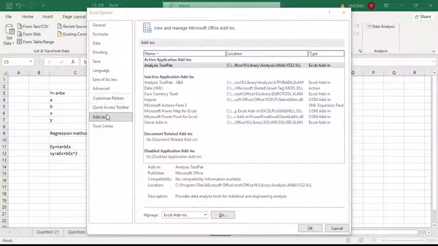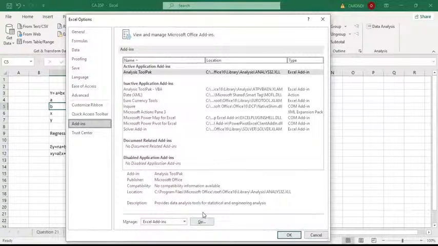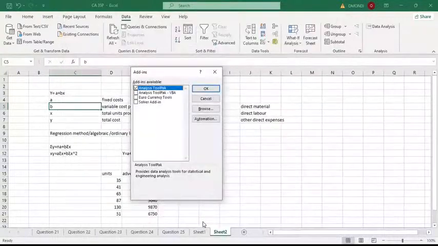We move to Add-ins. Once you get to Add-ins, you will be able to see this window. We go to this key here, Go. So let's pick the option of Go. Then it takes us to this part.